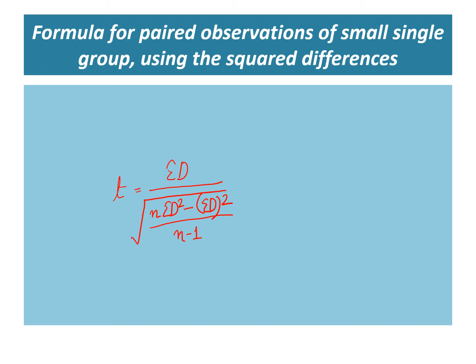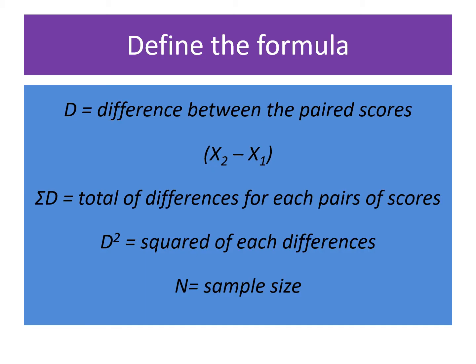Now in the next slide, I have given how to define this formula. D equals the difference between the paired scores, x2 minus x1. Remember, here the majority of the time we find that students make a mistake. You must not make the mistake.